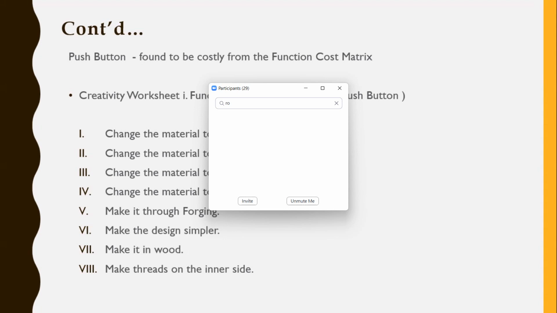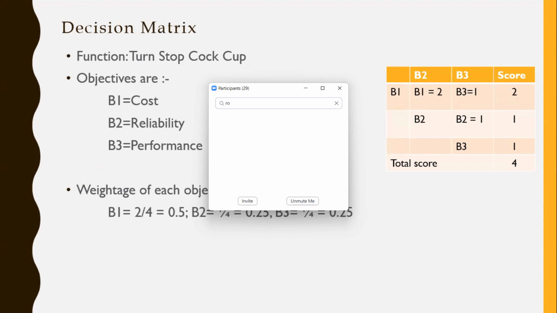So these are some of the creative suggestions, around 8. And so the function is stop cock cup.